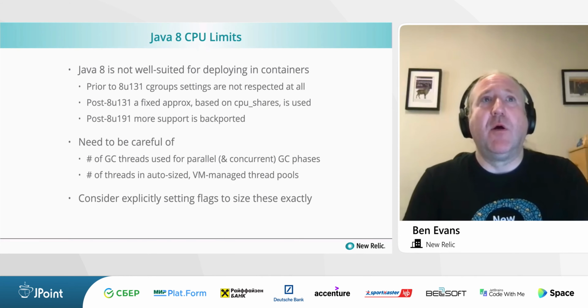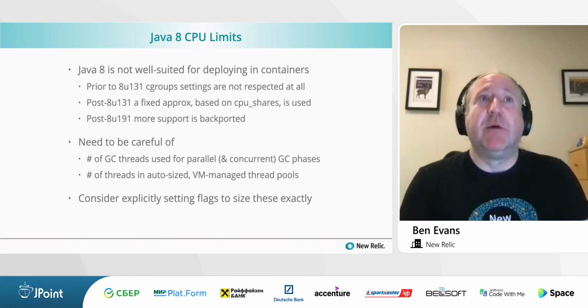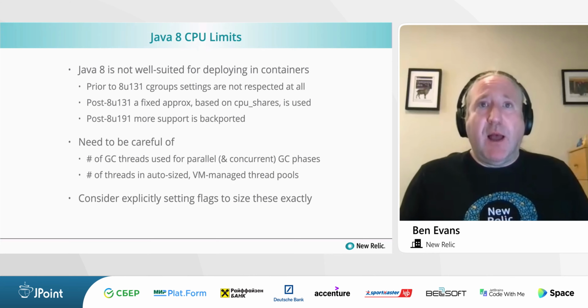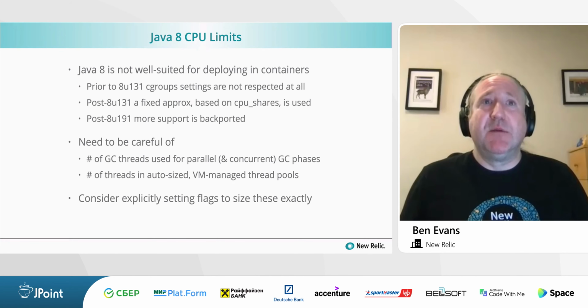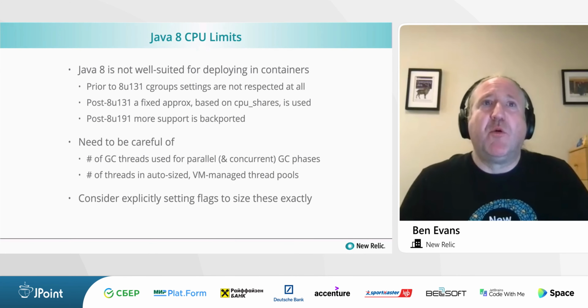And then at 191, you get the full support that is going to be backported. So this is why not setting the GC thread numbers exactly is a bad idea, because you're using either no approximation at all or a quite crude approximation to how many CPU shares are actually present.